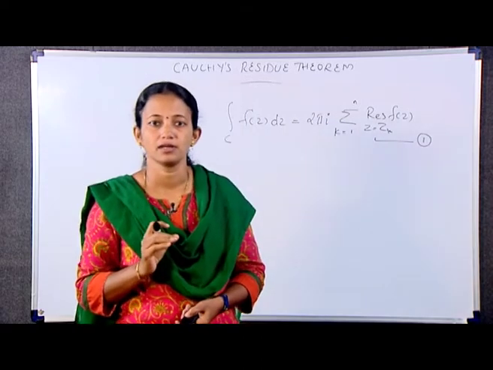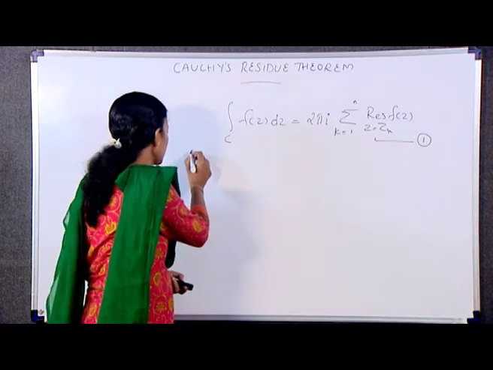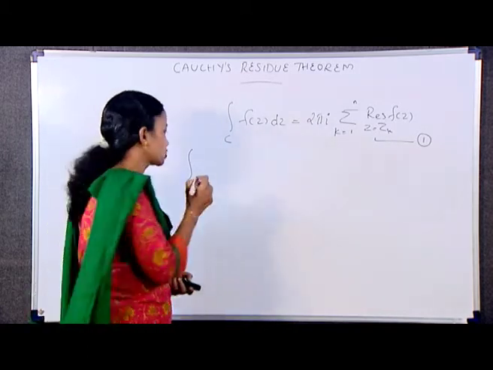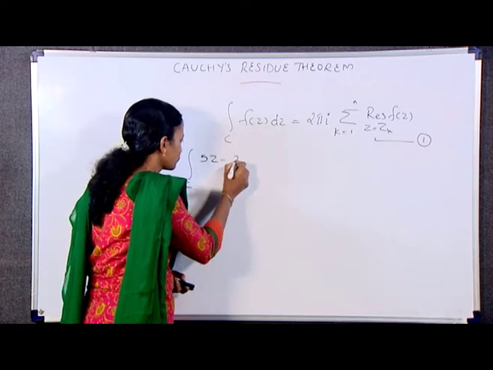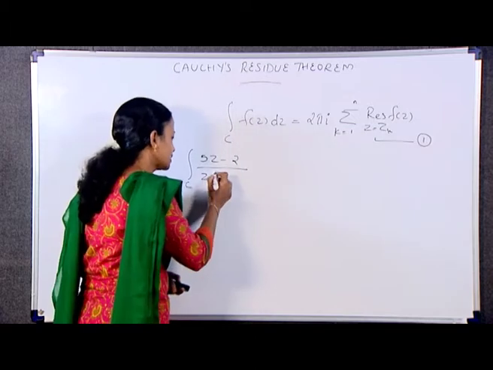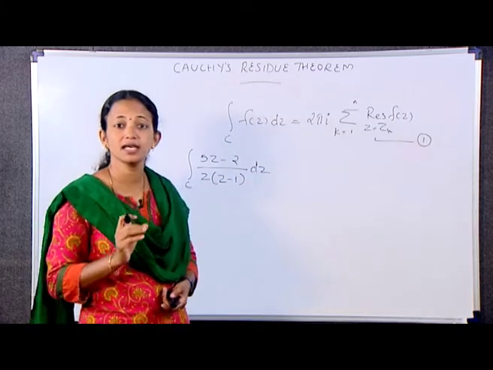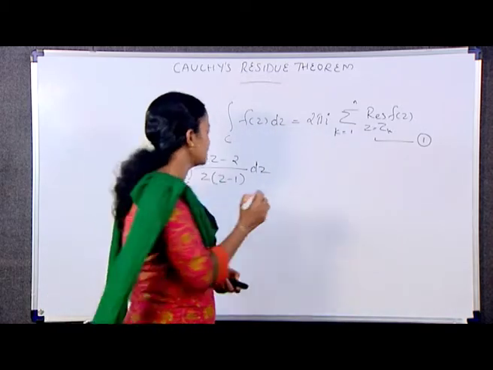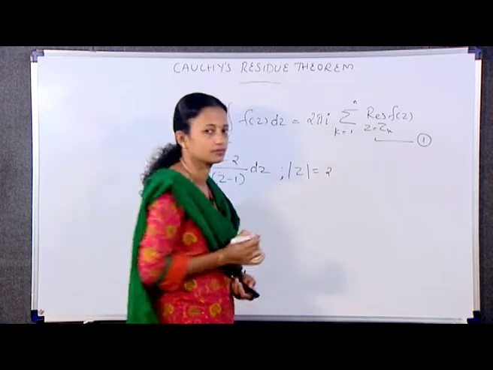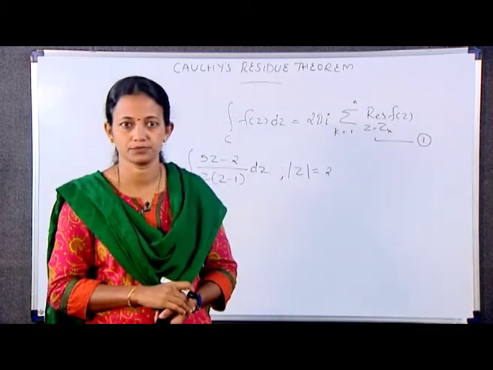Example: here we want to evaluate the integral over C of (5z minus 2) by z into (z minus 1) dz, where C is the circle mod z equal to 2, described counterclockwise.